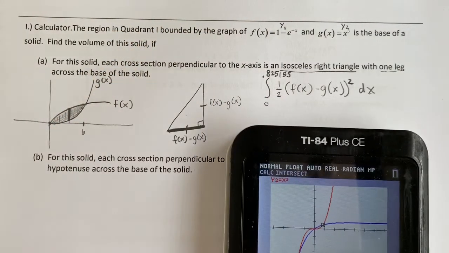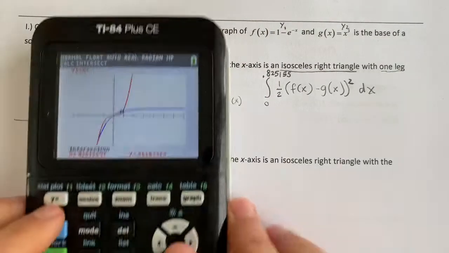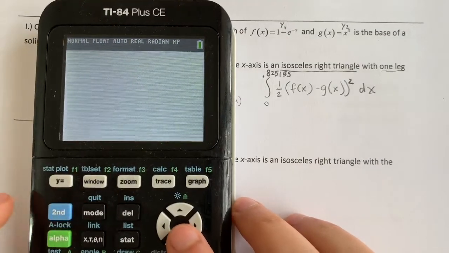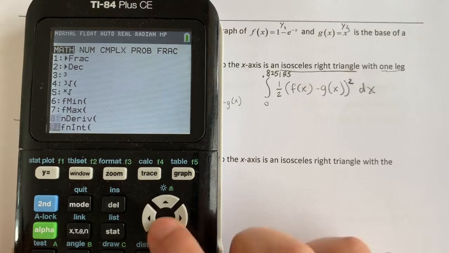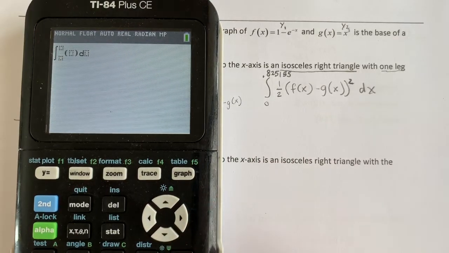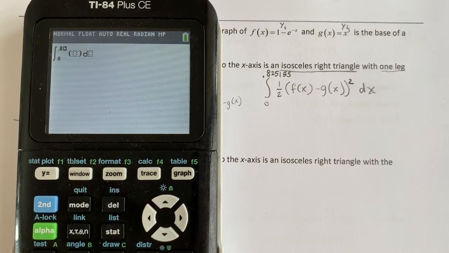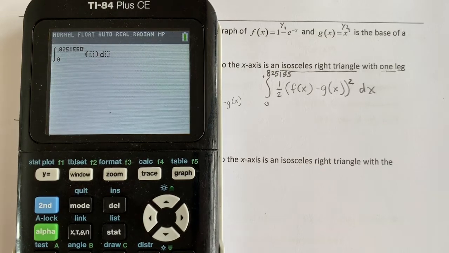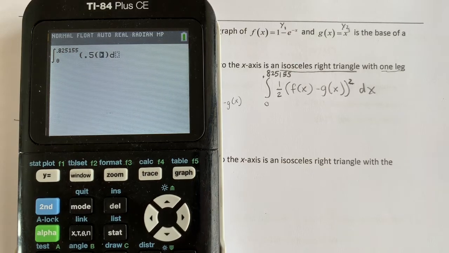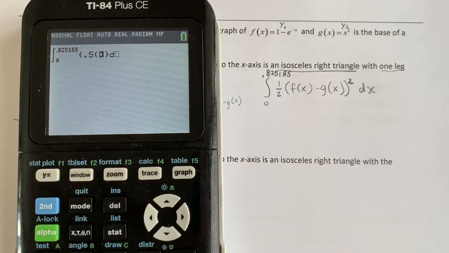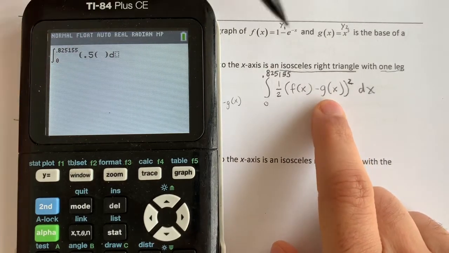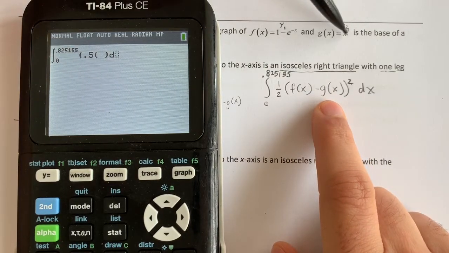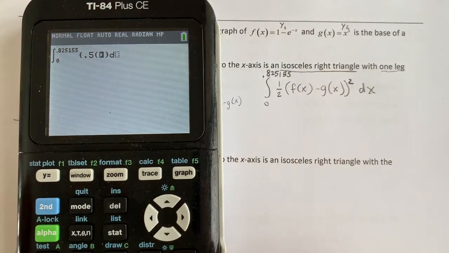And now I've got to plug that into my calculator. To do that, I'm going to go back to a regular screen, press math, and then go to the integral from 0 to 0.825155. Then I've got to do a 1/2 or 0.5, I guess, would work. And then I'm going to put in f of x minus g of x, but I don't want to retype these equations. Maybe they're not so bad, but let's just use the y-vars idea.